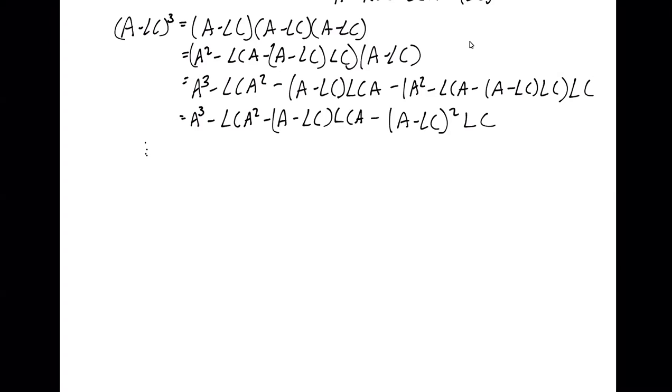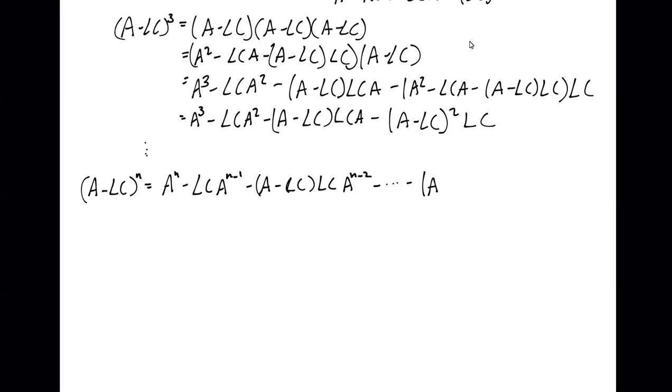So it turns out that if we go to the nth order, we get A to the n minus LC A to the n minus 1, okay, minus A LC A to the n minus 2 minus all the way out to A LC to the n minus 1 times LC. Okay.